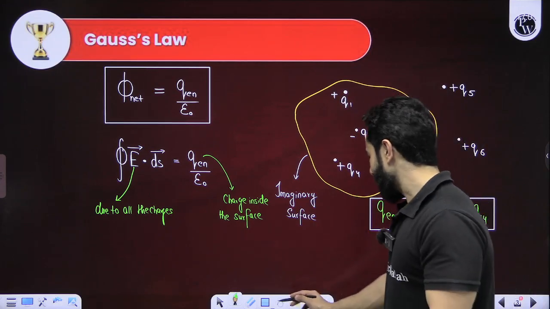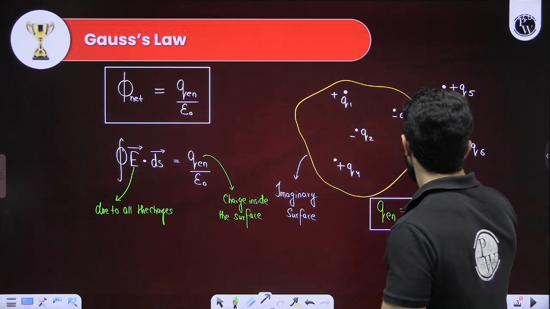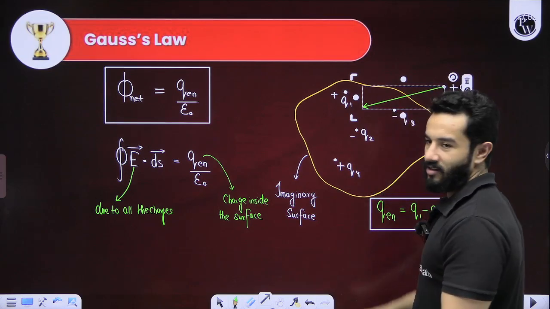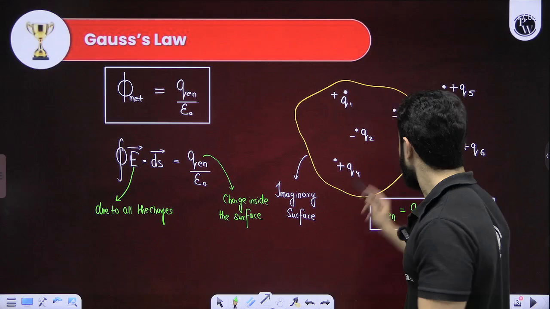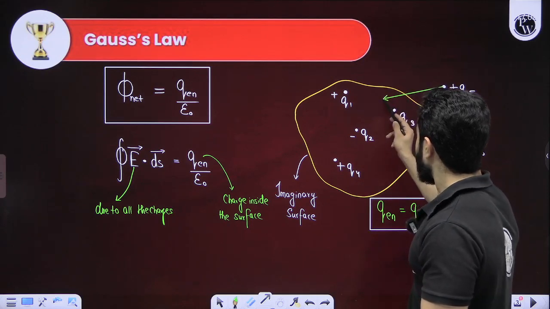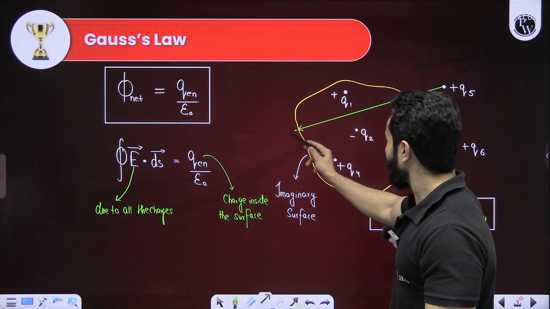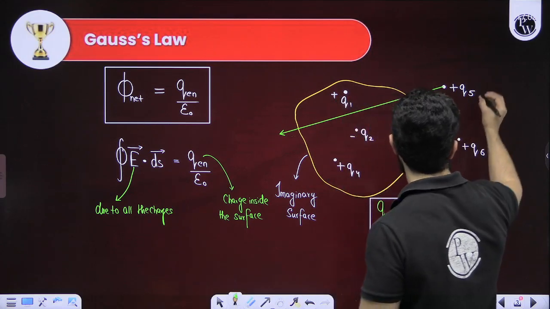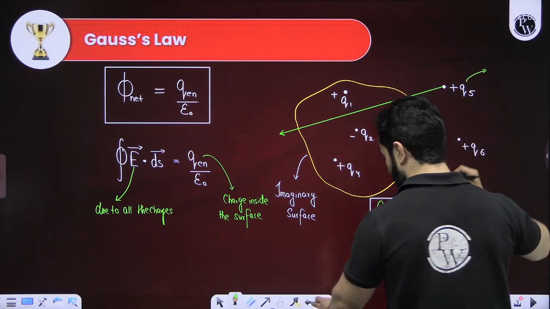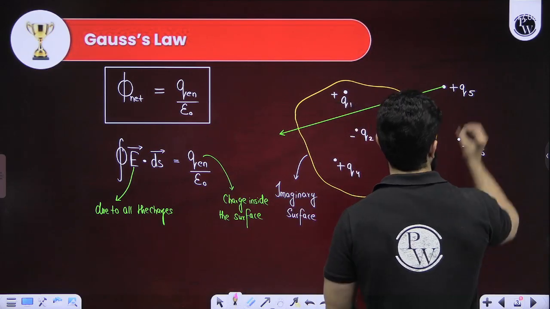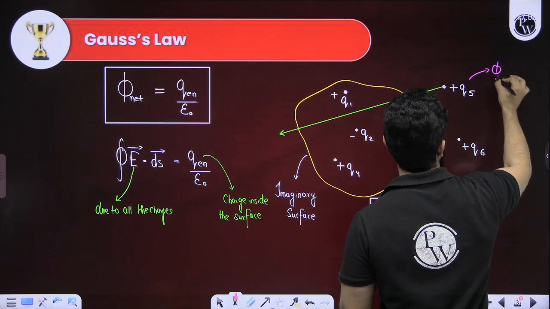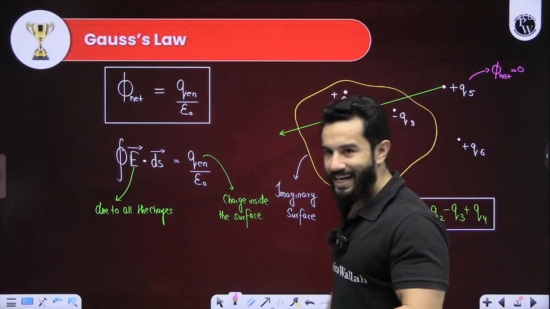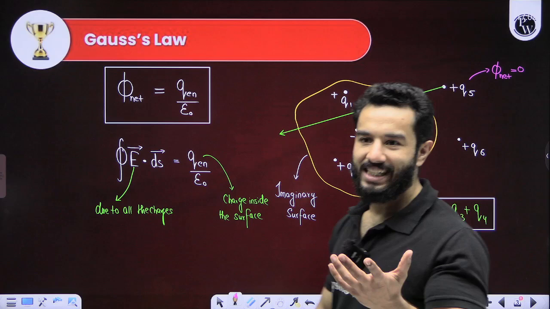For a simple reason: let's suppose that one of the electric field lines comes inside this surface, something like this. The number of electric field lines coming in is 1, and it will also get out. So the net flux because of these charges will be 0, as the number of electric field lines entering the surface and exiting the surface are equal.